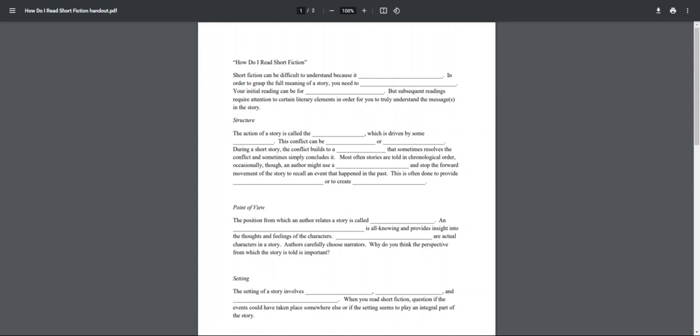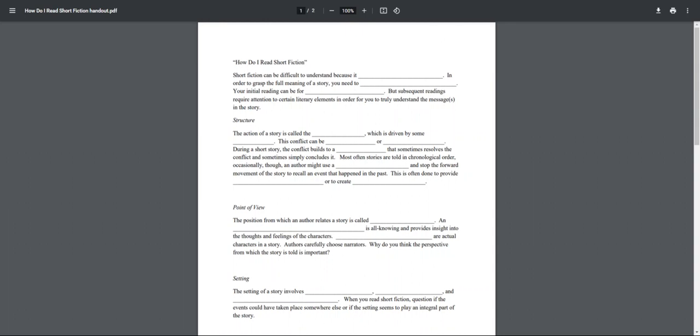So I want to talk to you guys about how to read short fiction. One of the things that you need to keep in mind as you are reading a short piece of fiction, as opposed to, let's say, a novel, is that short fiction can be difficult to understand sometimes because it is compressed.